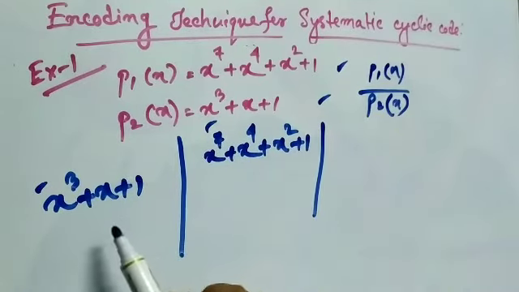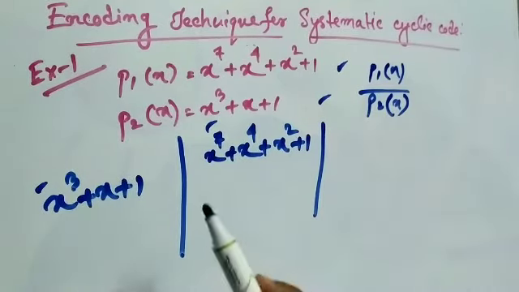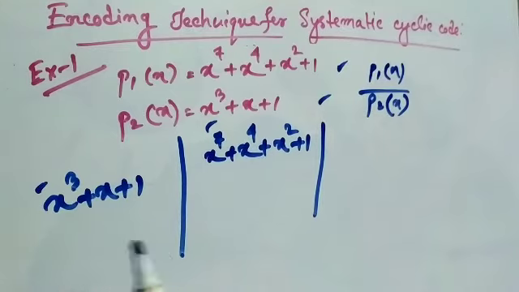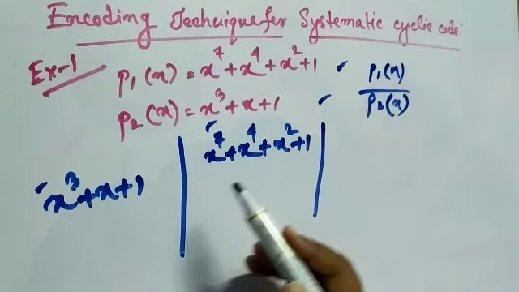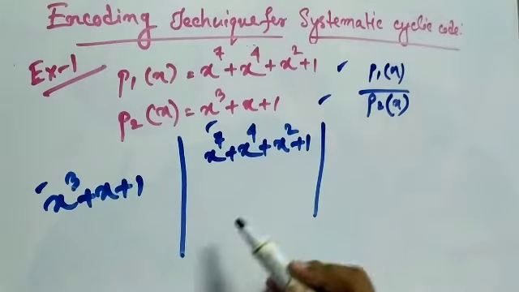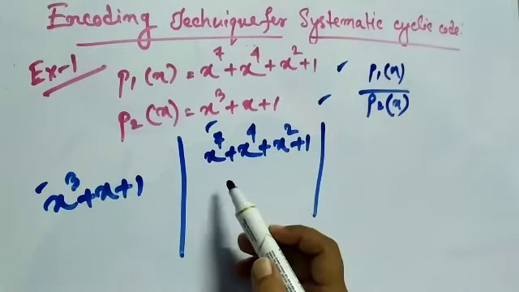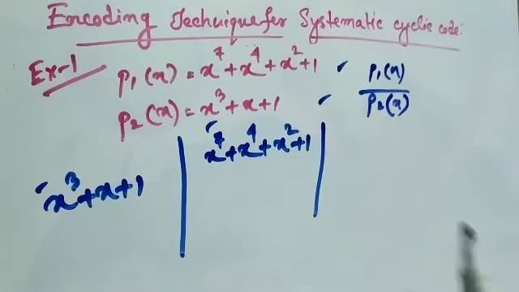So our motto is to multiply this term with a polynomial term, it may be x or x square or x cube, so that after multiplying, the first term of this polynomial should match x to the power 7.